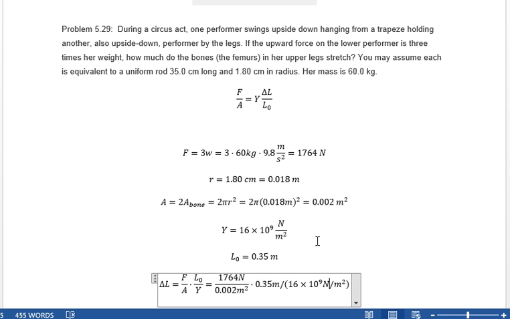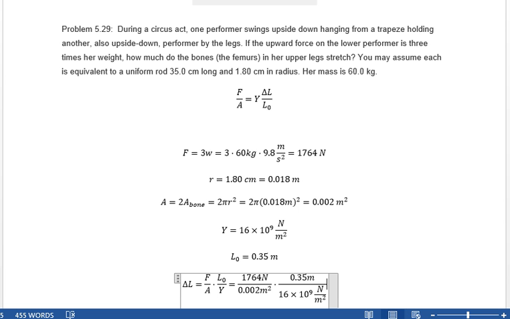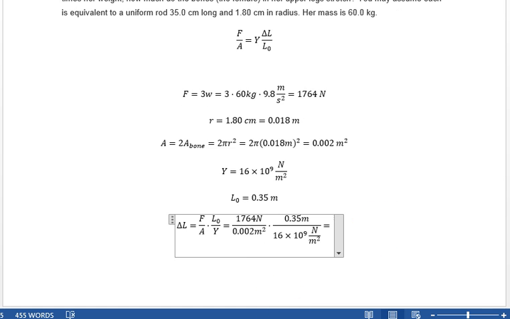Now looking at units, the newton here and newton here, they cancel out. The meter squared here and the meter squared there, they cancel out. We're left with just meters. That's looking good because we're after a length and we're going to end up with just meters.